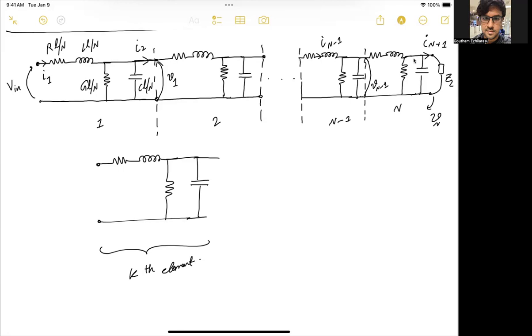So for this kth element, there is RL over N, LL over N, GL over N, CL over N. And so the current that is drawn by this is going to be Ik, and the current at the output is going to be Ik plus 1. The voltage at the input here is going to be Vk minus 1, and the voltage at the output here is going to be Vk.